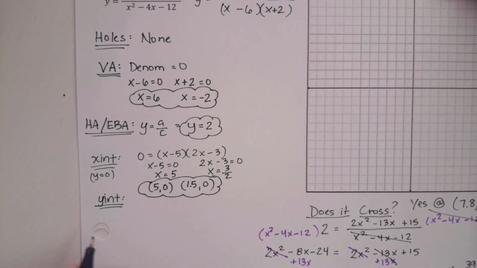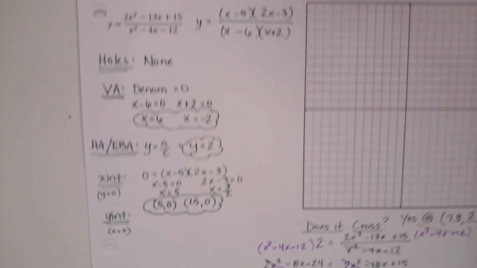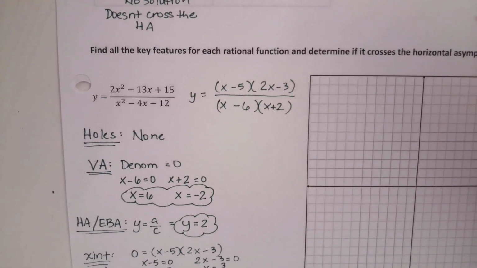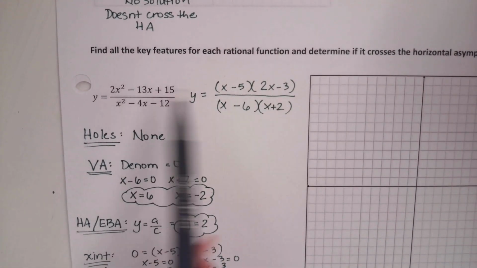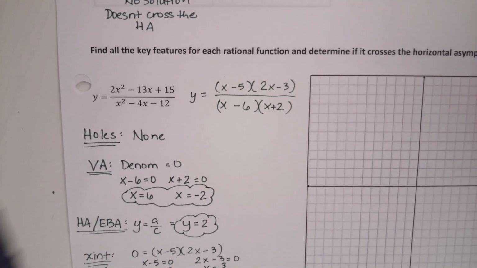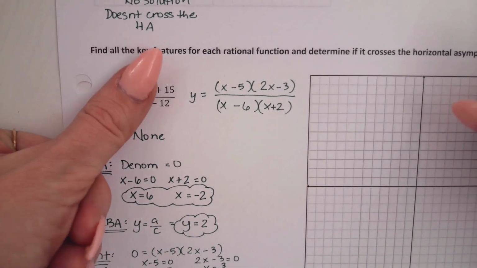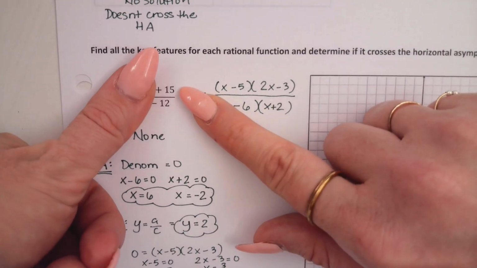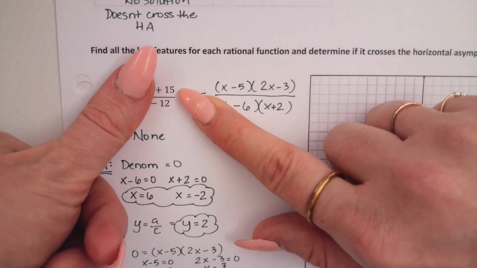All right, and then lastly, the y-intercept, remember that's when x equals 0. Which of these would it be easier to plug in x equals 0 to? Not the factored one. It is super easy to plug it in to the one that's unfactored, because basically everywhere there's an x, it's going to turn into 0. So I usually just take my finger and cover them up because it's 0. And now I just have 15 over negative 12. Look how easy that was.